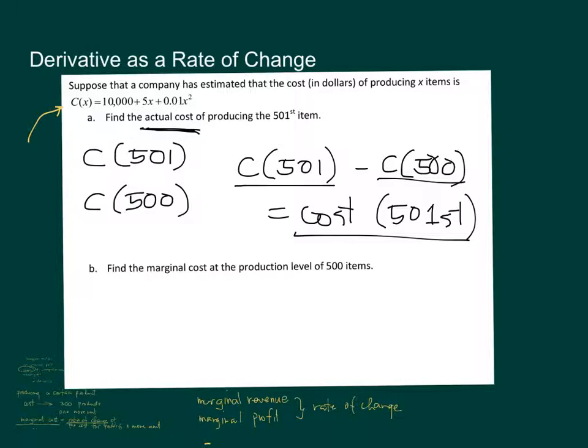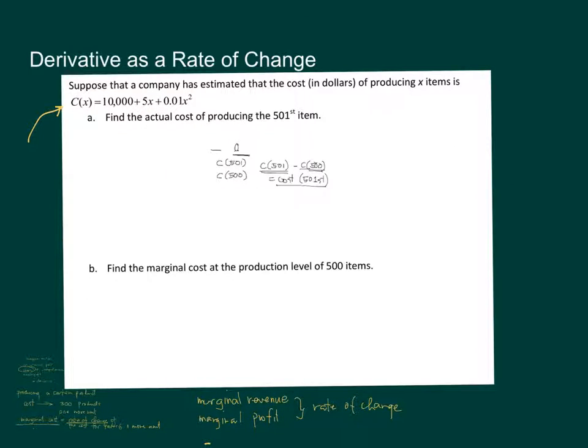So how do we do this? We simply find C(501) by taking x equals 501 in the C(x) function, and we do the same for C(500) by taking x as 500 in the cost function. Basically you just substitute and compute for the value. So let's take some time in solving this.